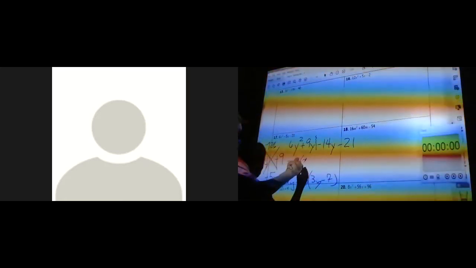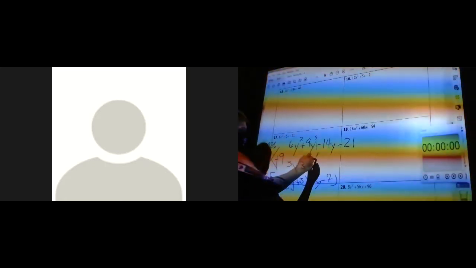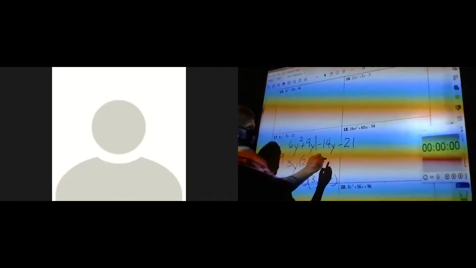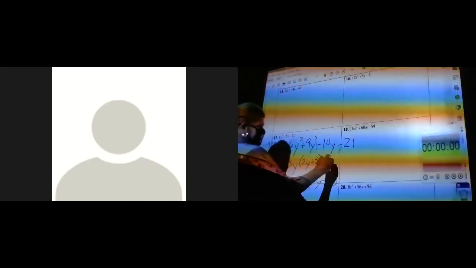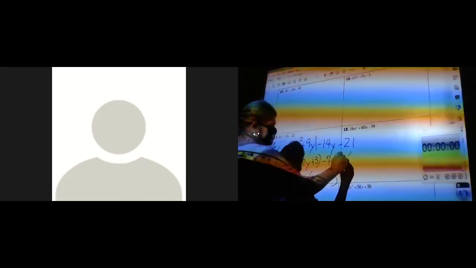Imaginary line there. And what are you going to factor out of the first two terms? 3. 3 what? 3y. So then you'll get 2y plus 3 inside. And then for the second part, you'll do negative 7 to get rid of the negatives on the inside, and you get left with 2y plus 3.